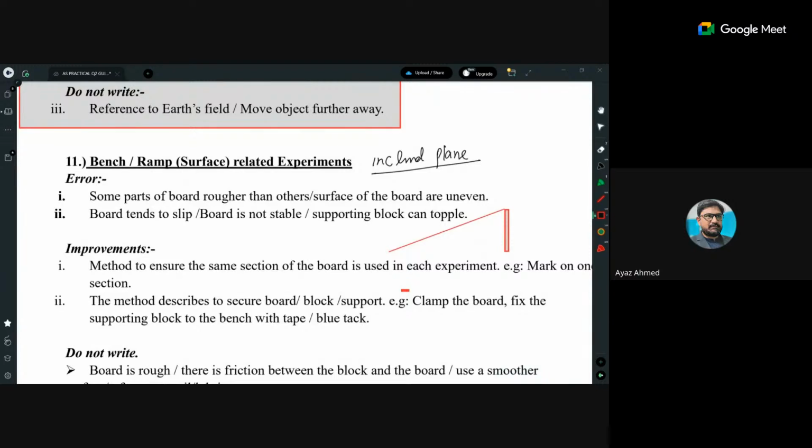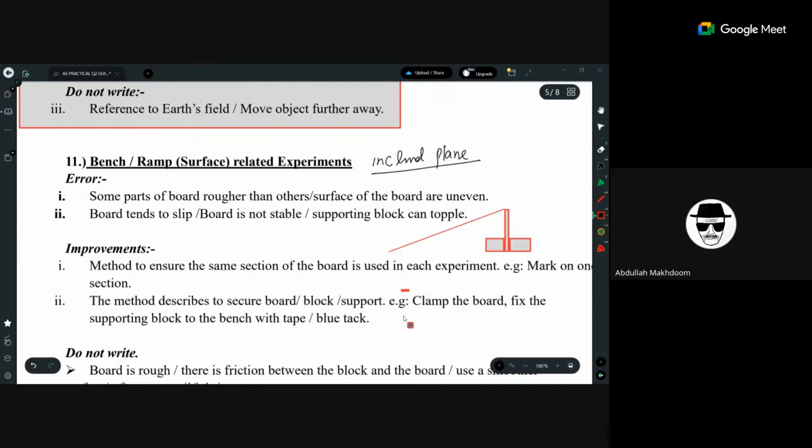And the method to secure the board is to block the support. I mean, you can block the support from here or from here. You can make it simply. You can block that support so it will not topple over then.